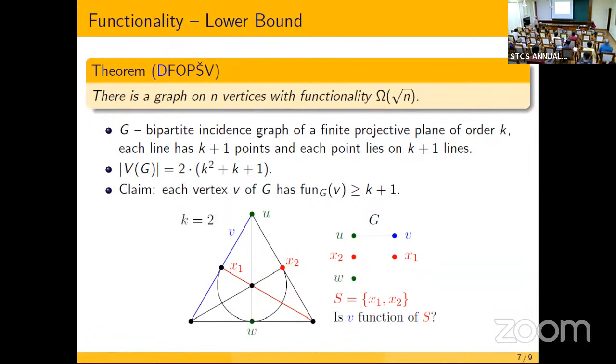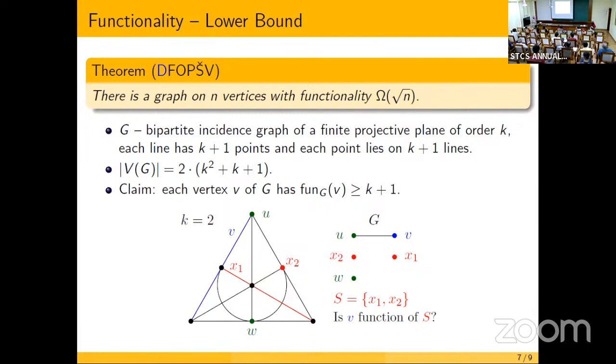And there is another vertex W that does not lie on V, so there is no edge between W and V, and also does not lie on x1 and is different from x2. So it's not connected to S either, but U is connected to V and W is not connected to V. But if V were a function of S, then both of them would have to be connected to V or none of them. So this is the flavor of the proof, and you can prove it for arbitrary order.